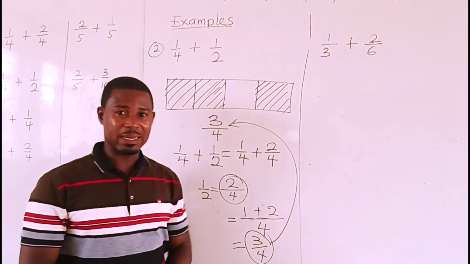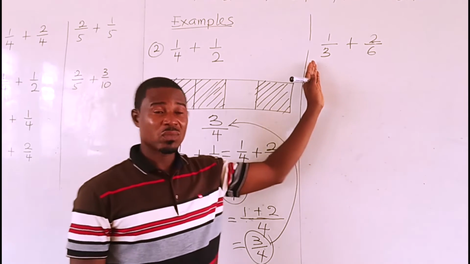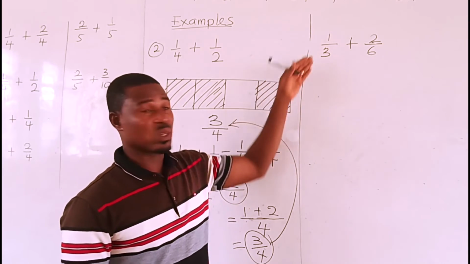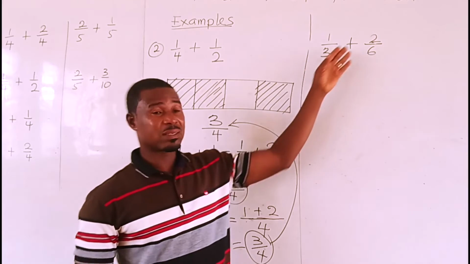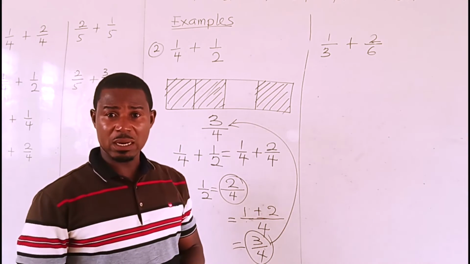Now let's move on and do the next one. This is 1/3 plus 2/6. So what shall we do? Let's use the diagram once again.